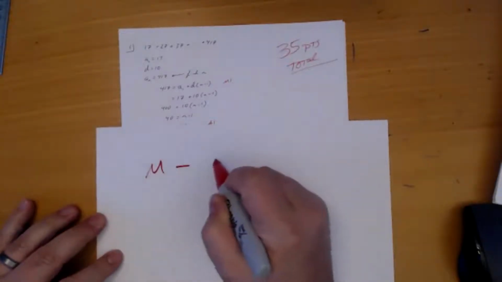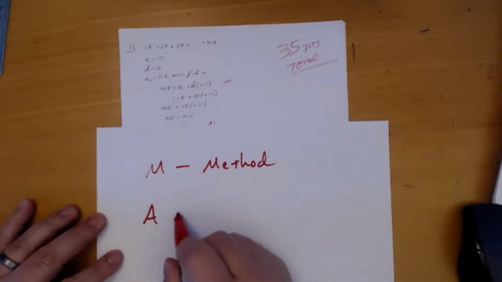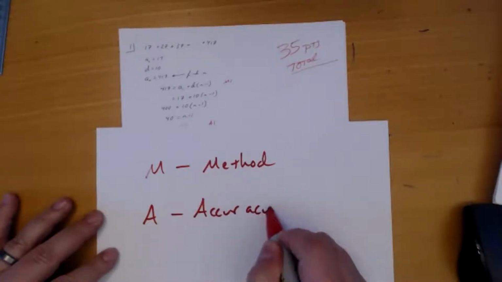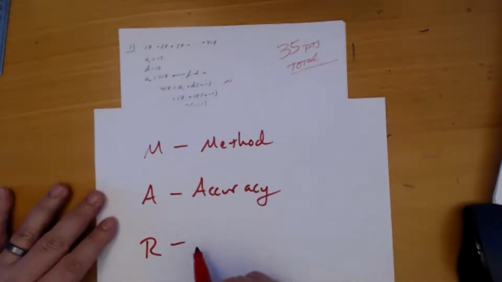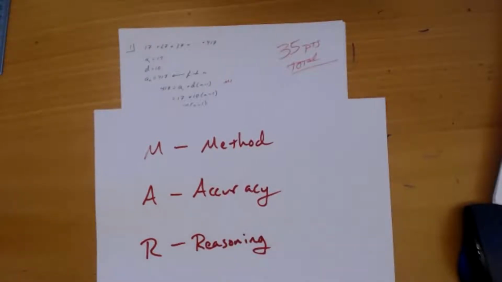M is a method. A is an accuracy. And R is rare, actually, but it doesn't mean rare. It means reasoning.